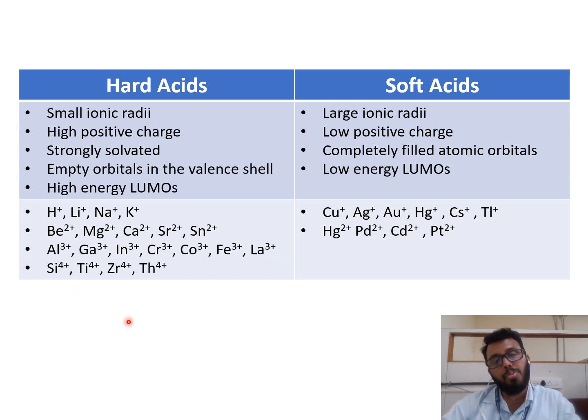So from your exam point of view, it would be very difficult to remember all these species, am I right? So for each type, like monovalent, divalent, trivalent, and tetravalent, try to remember two or three examples and you can list them out. Similarly, for mono and divalent soft acids, you can write any two or three. Okay, you don't need to write all these, but I have provided all the examples so that you can choose at will.